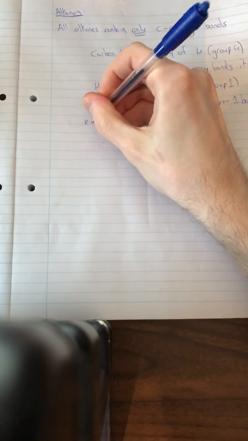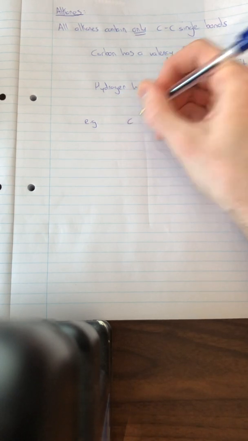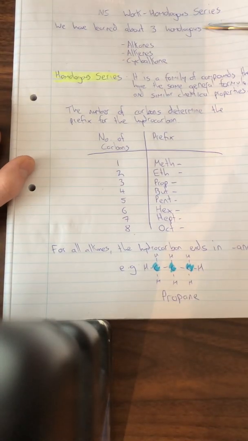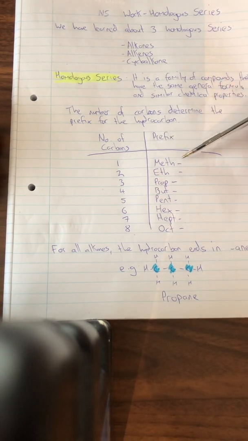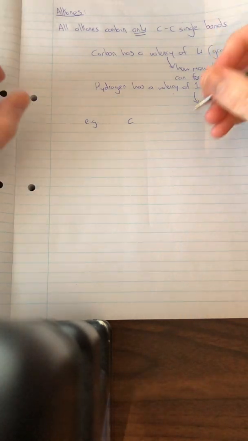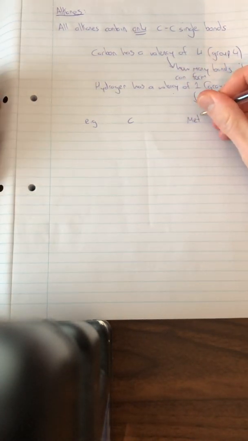So again, if we go for a wee example here, let's just go for 1 carbon. If we go back to the table, the prefix for 1 carbon is meth, so we would call this methane.